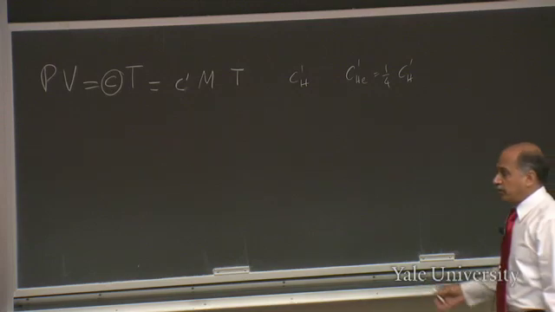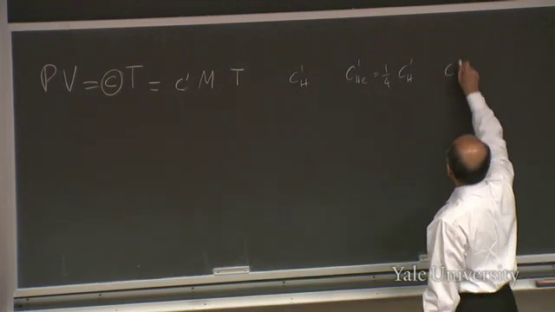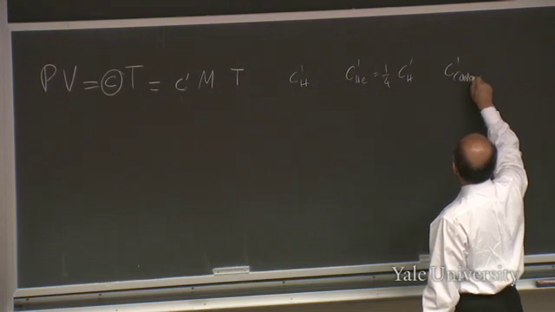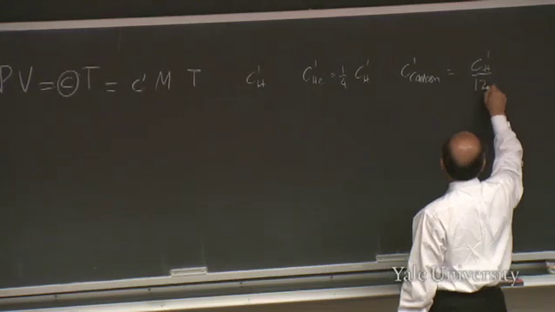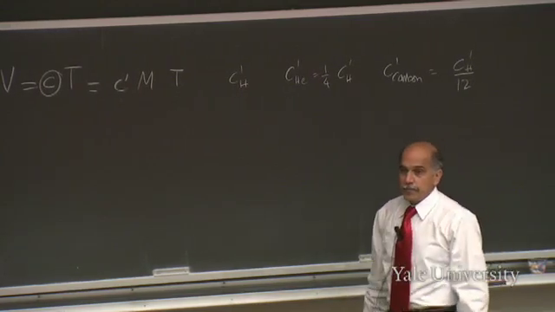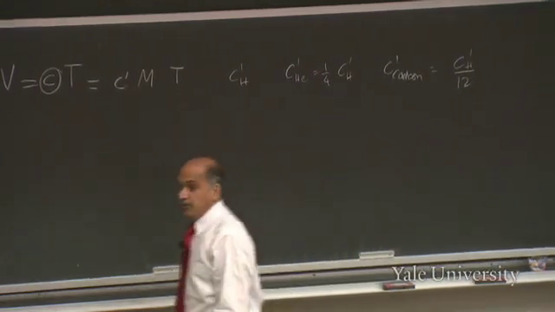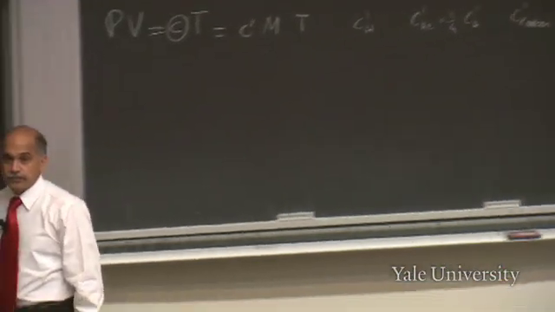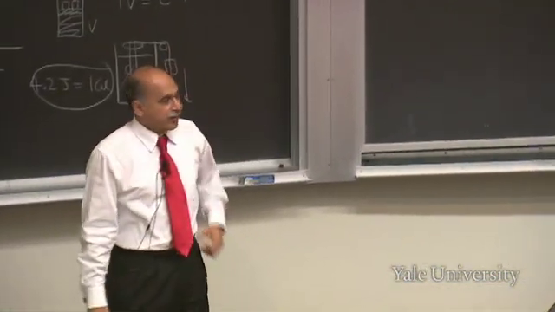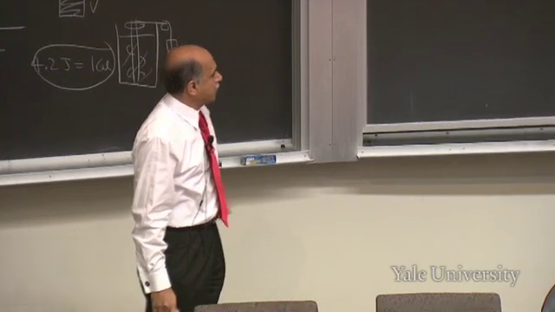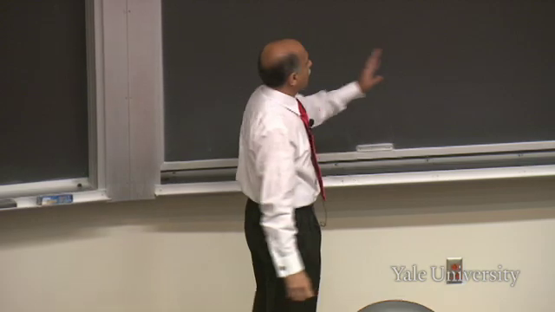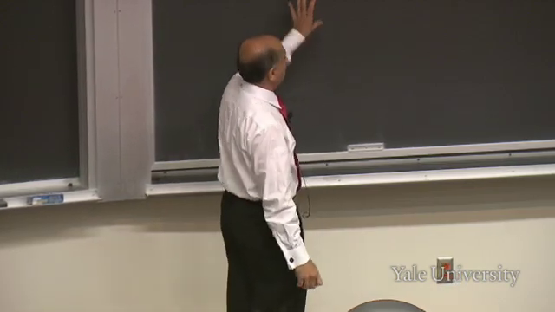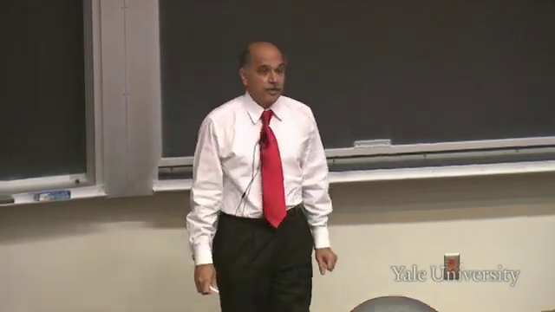If you do carbon, it's another number. C prime for carbon is C prime for hydrogen divided by 12. So each gas has a different constant. So we conclude that, yes, it's the mass that decides it, but the mass has to be divided by different numbers for different gases to find the real effect it has in terms of pressure.